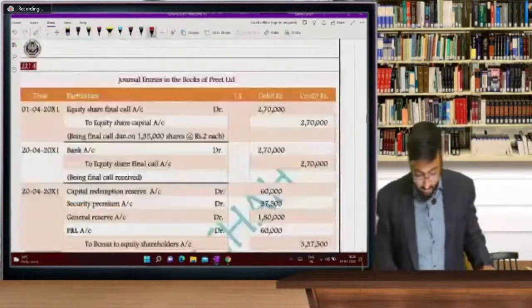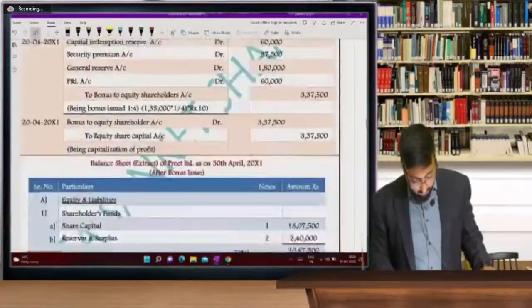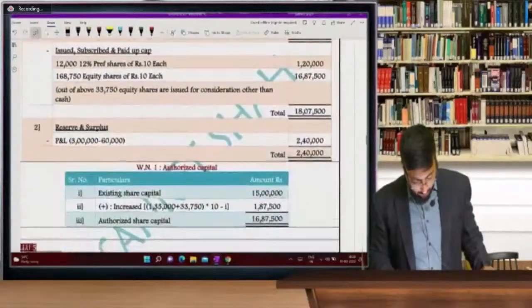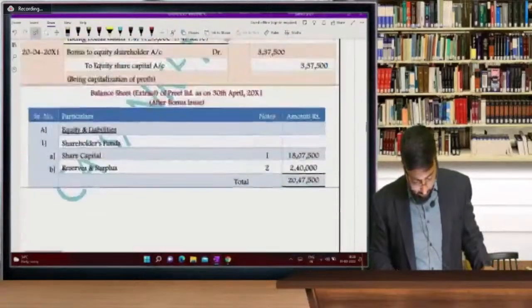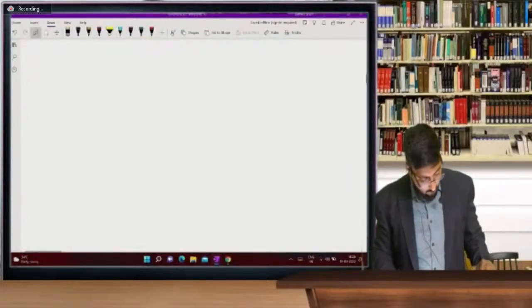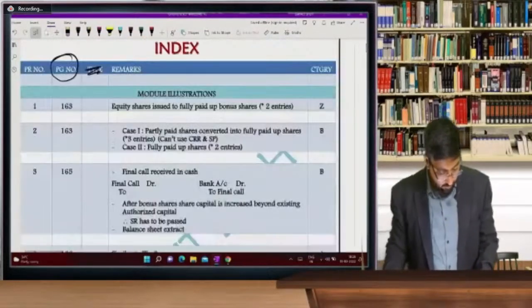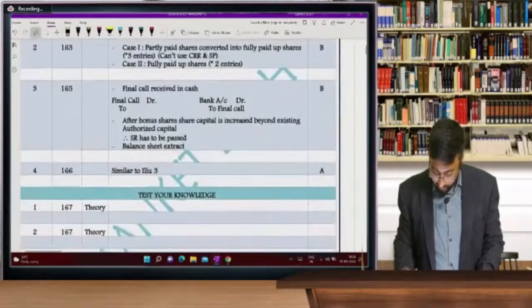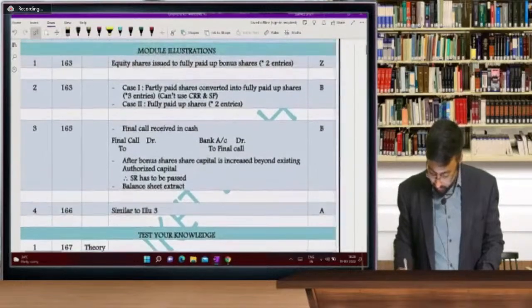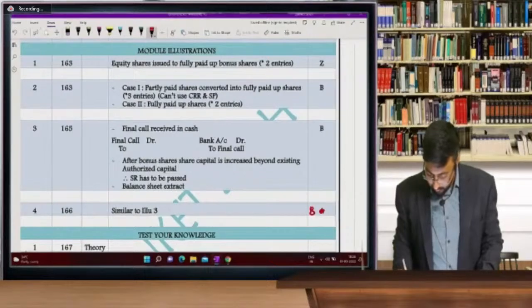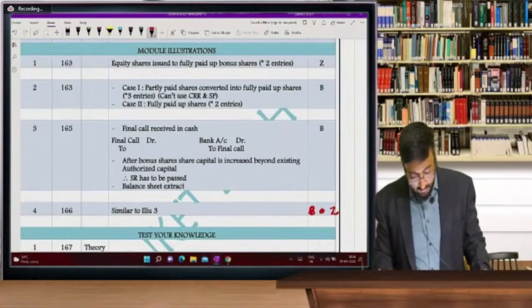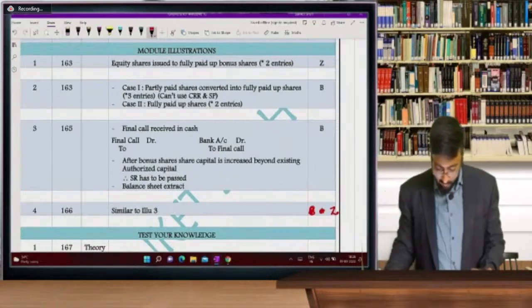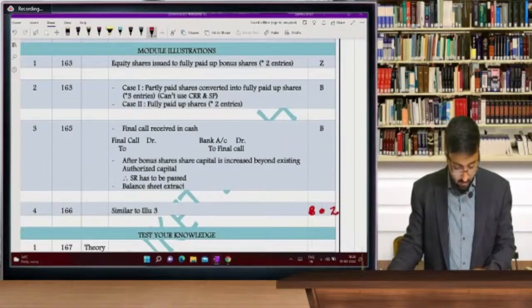Tell me. It's same. This is B category then. I think this is Z category because B category is there.